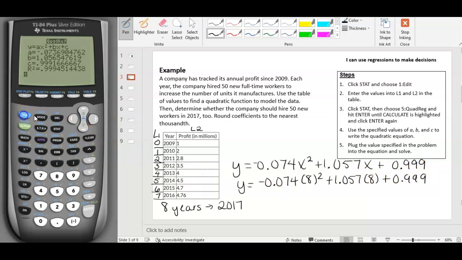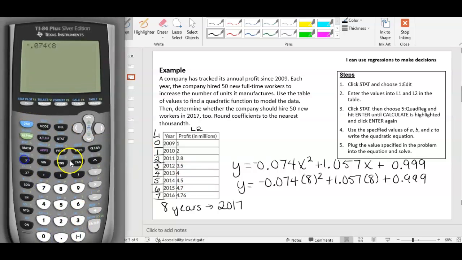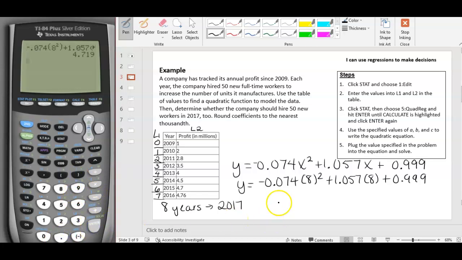Okay, so I'm going to type this all in my calculator. So I have negative 0.074 times 8 squared, and then plus 1.057 times 8, and then plus 0.999. And then if I hit enter, that tells me that y equals 4.719.